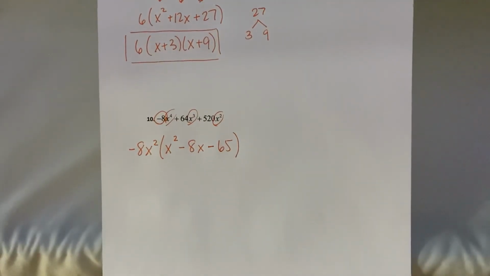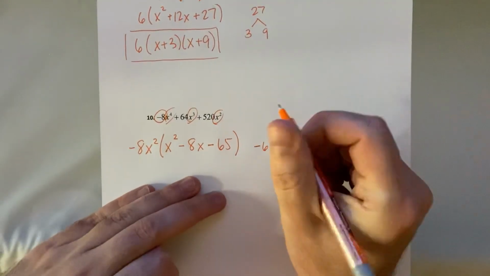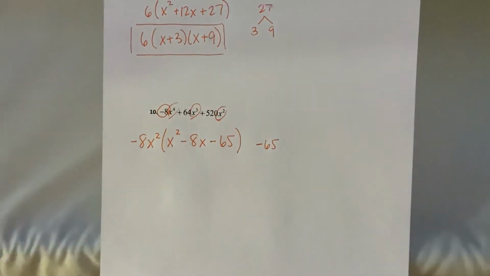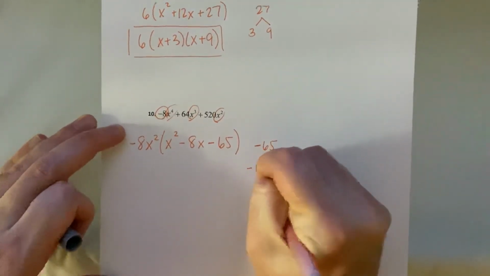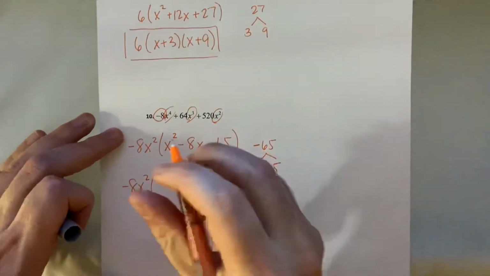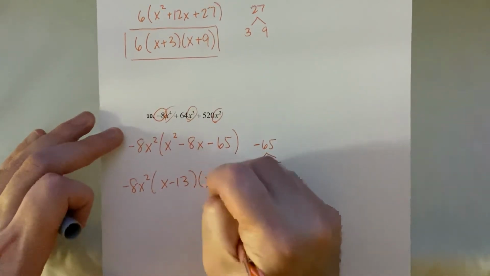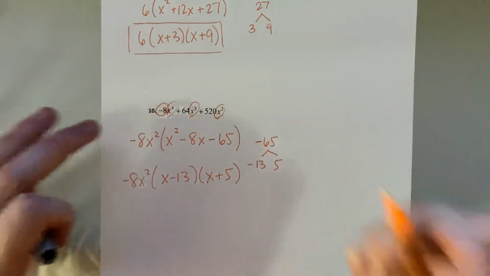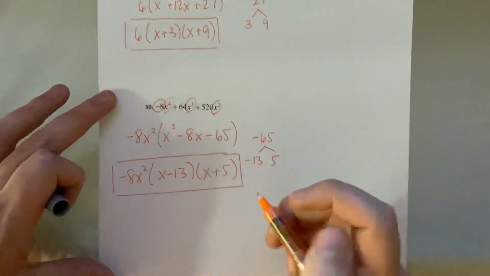Okay, so now we're trying to factor x squared minus 8x minus 65. Factors of negative 65 that add to negative 8. So, of course, one is negative, one is positive. So it ends up being negative 13 and 5. So we have negative 8x squared, and then x minus 13 and x plus 5. And that is all for 5.1 and 5.2.